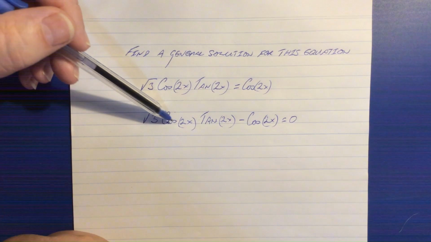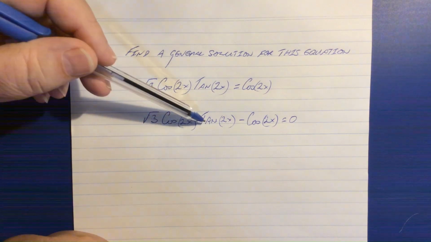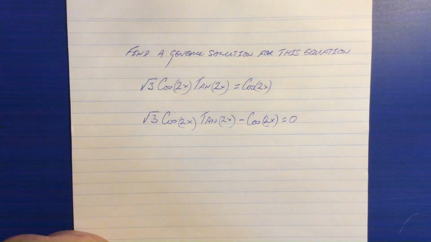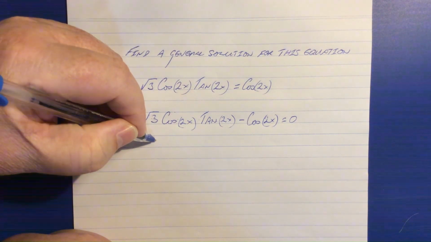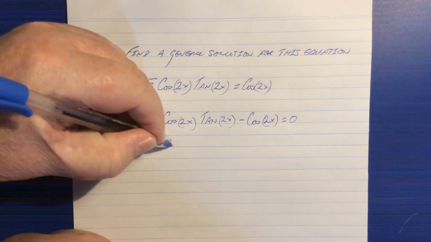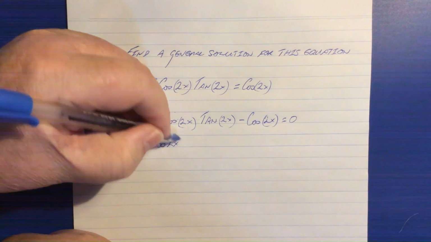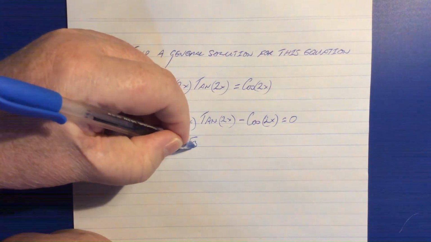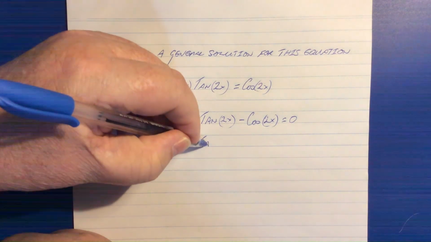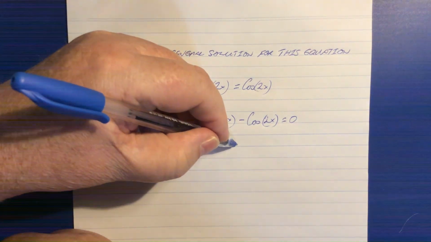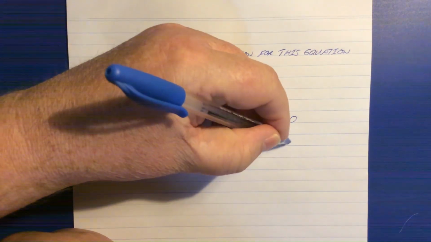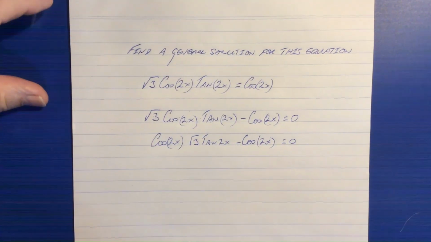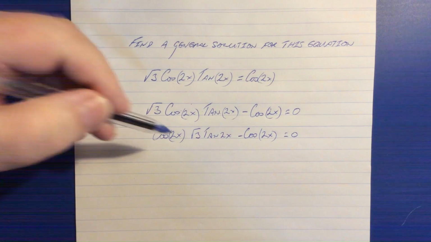We can just as easily have cos 2x times root 3 times tan 2x, and we get the same result. So let's do that: cos 2x, root 3, tan 2x minus cos 2x. I'm going through all the steps here so that you can see this clearly.